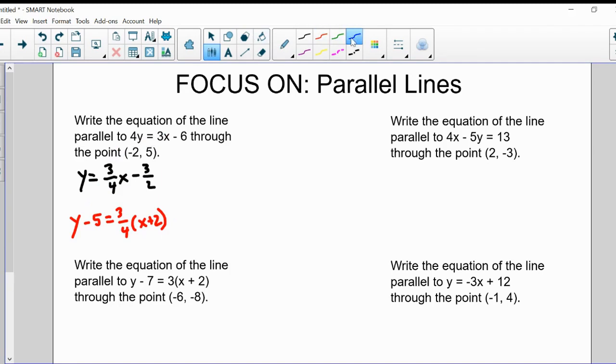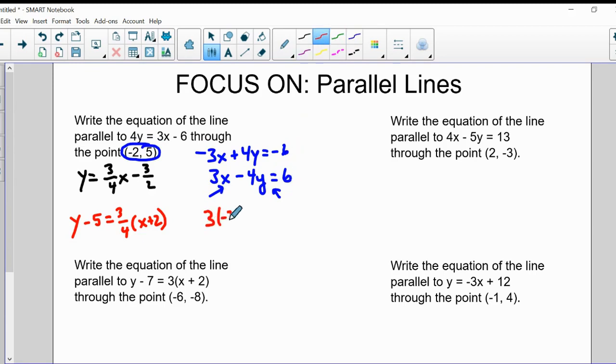So I can do this using the slope and a point. I can also use the method that I just learned with standard form. I can take this and rewrite it in standard form, negative 3x plus 4y equals negative 6, or do a little bit of manipulating to get the x positive: 3x minus 4y equals positive 6. And then all I have to do is take this point and plug it in for x and y, and then whatever the new number is, that's my answer.